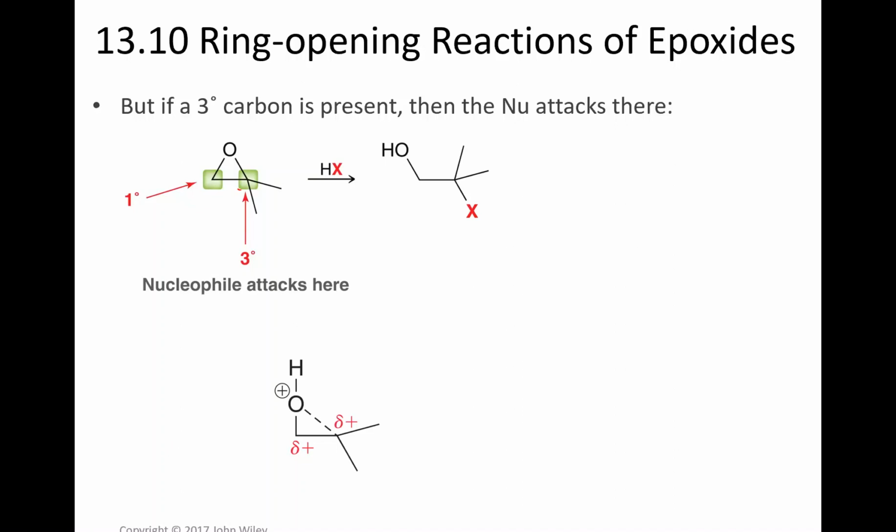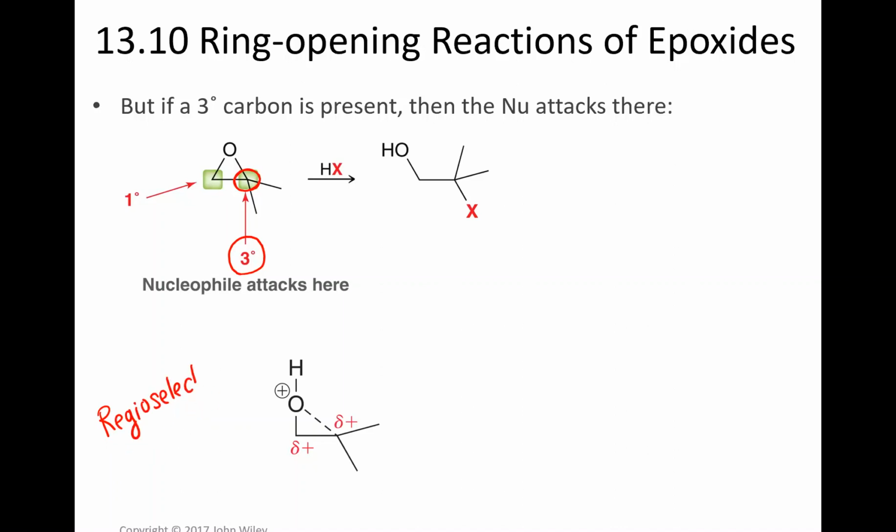If an epoxide has a tertiary carbon in particular, it's this tertiary carbon that's important. If it's treated with the same reagent, so HCl or HBr, for example, then the regioselectivity of the reaction is different.